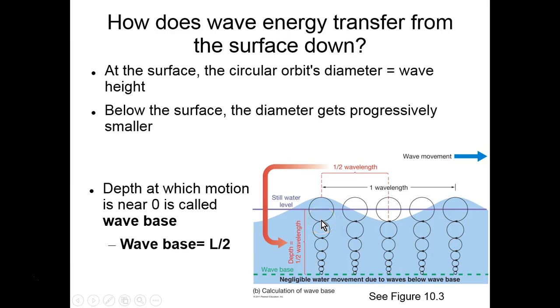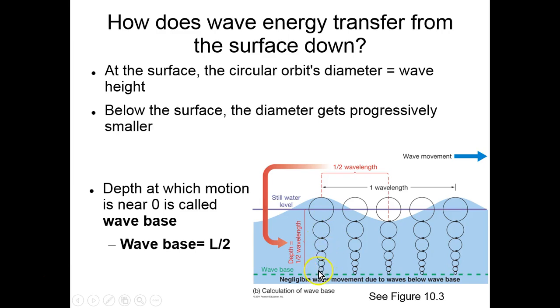Below the surface, though, we get away from where the wind is disturbing the surface. And so the diameter of that circle gets smaller and smaller the deeper you go. That's because it's transferring energy from the surface down, but energy is lost as you go down.